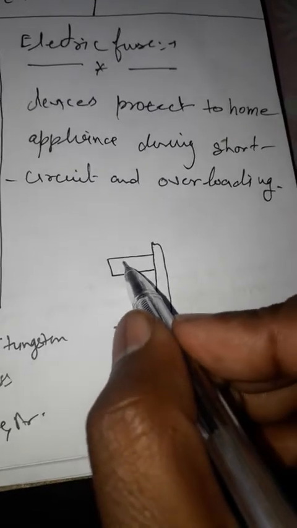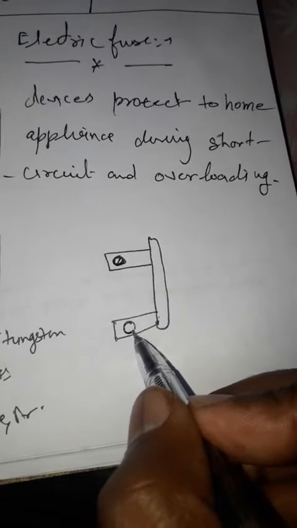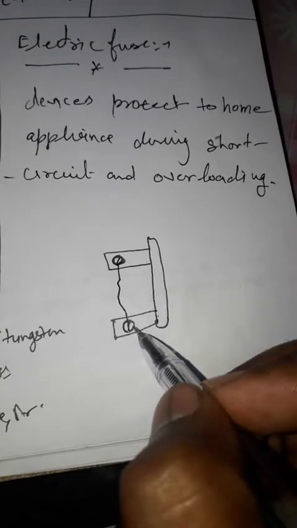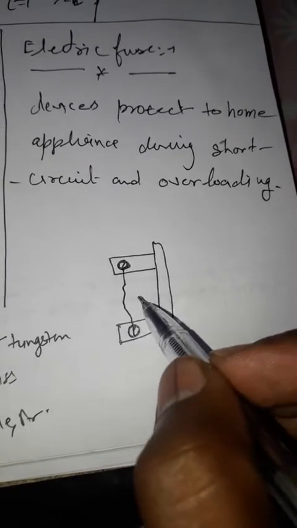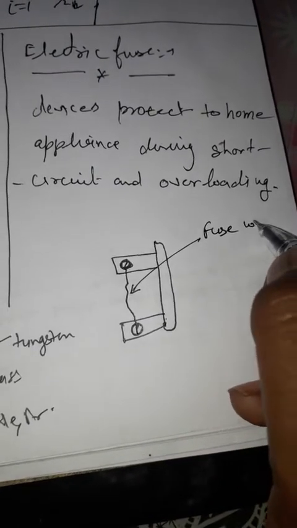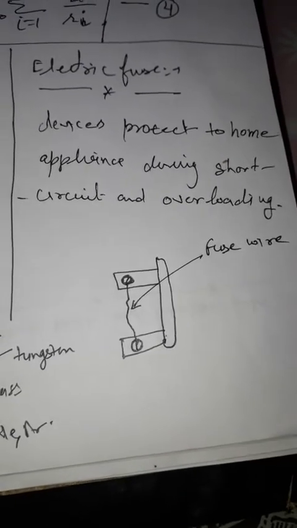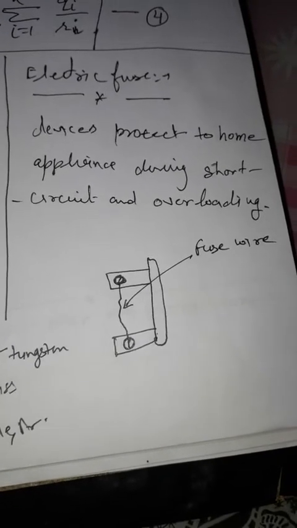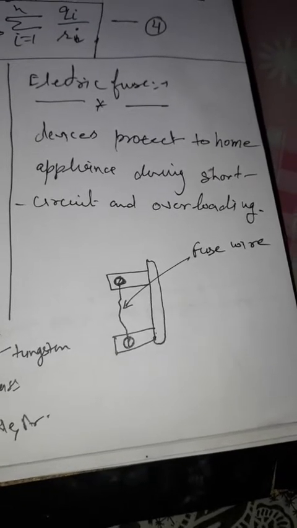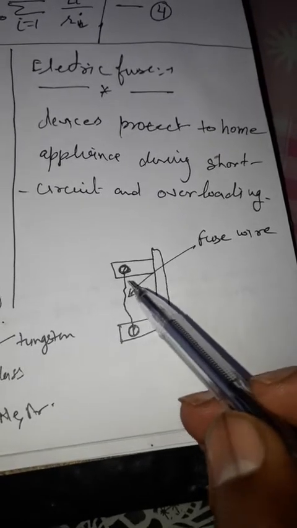A wire is connected between these two pins, and this wire is called the fuse wire. It may be of copper, aluminum, or any other material, but mainly it is made from alloys. Why? Because alloys have high resistance, and this high resistance is the main characteristic of the fuse wire.